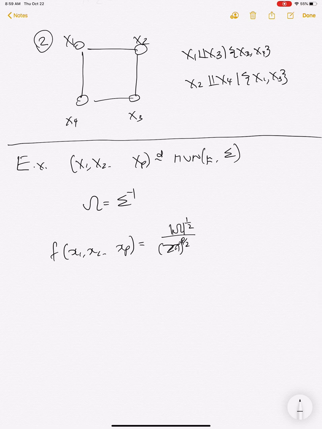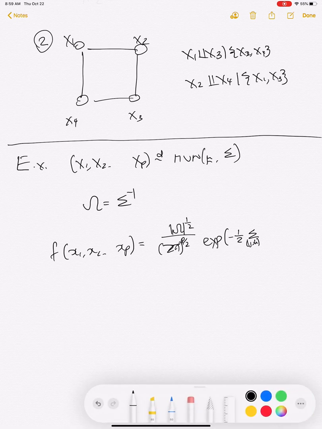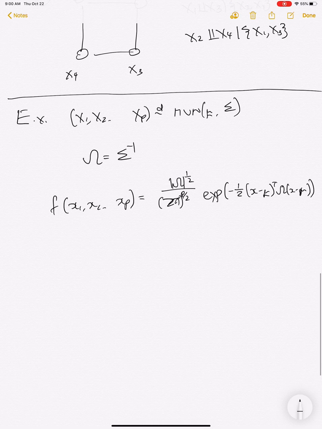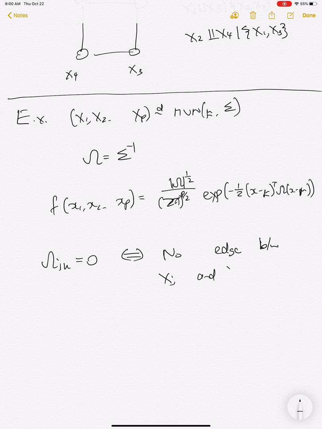Where there's the determinant of omega to the half, and then, okay, this sort of shows where the potential functions come in, because you can see that if omega jk equals 0, this implies that there is no edge between xj and xk in the graph.